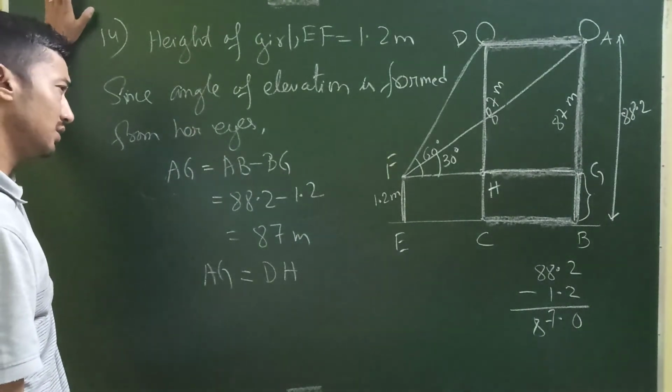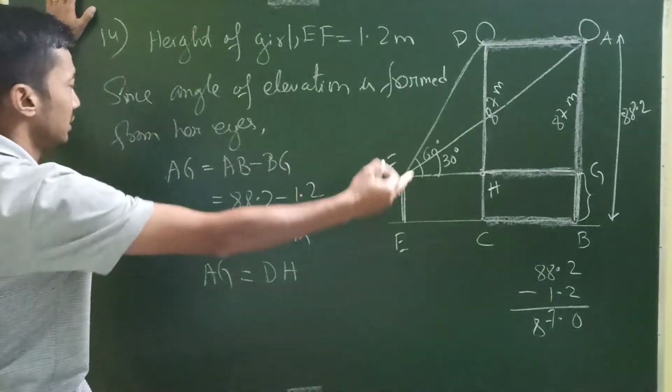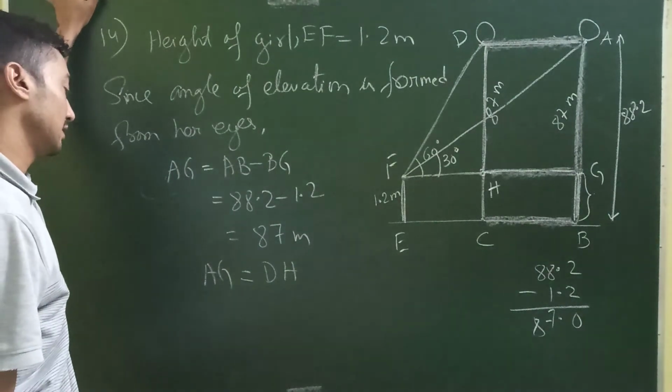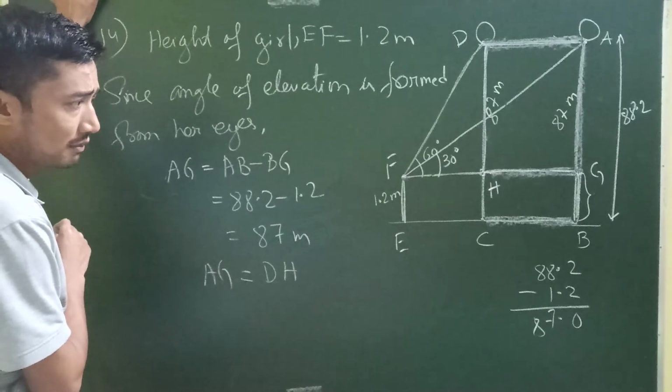I think this explanation should be enough because this is all given now, since the angle of elevation is formed from her eyes. Then of course let's just make some details.